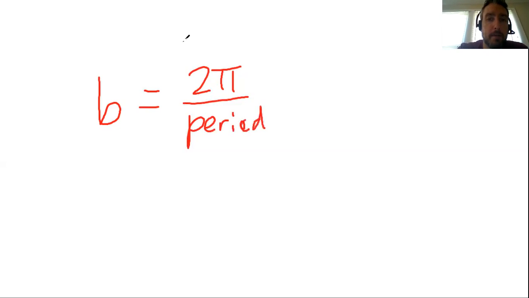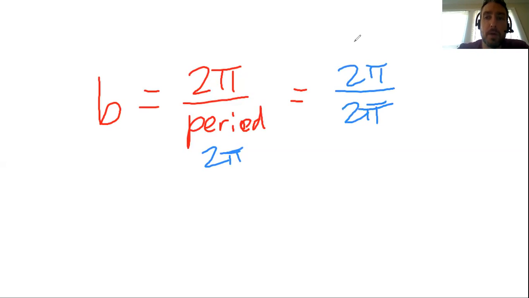It's always 2 pi divided by the period to get the b value. So since my period is 2 pi, then those two would divide out to give you 1.